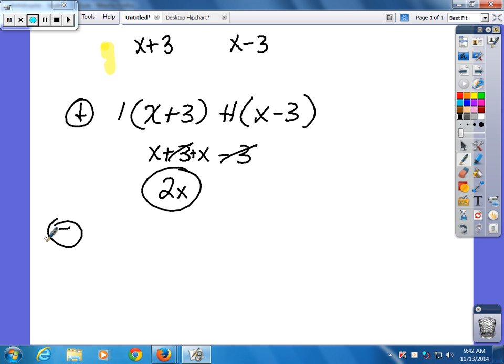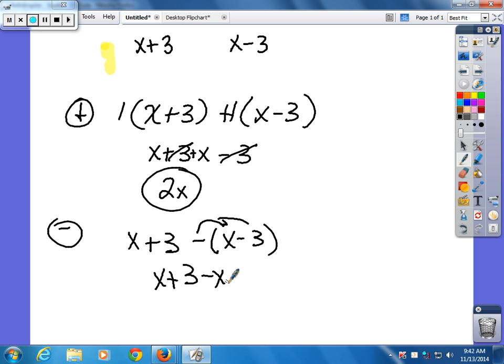Minus x plus 3 minus x minus 3. Distribute the negative 1. You get x plus 3 minus x minus the plus 3. And what happens to the x's? The x's cancel and you get 6.